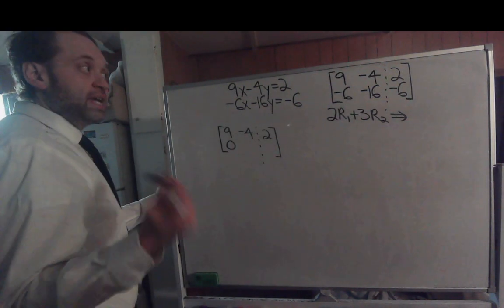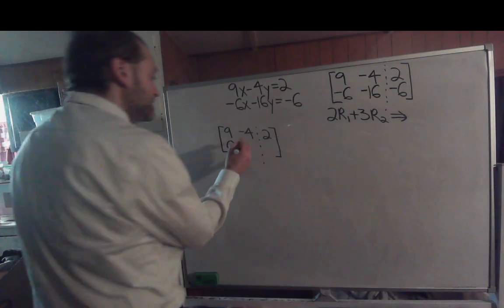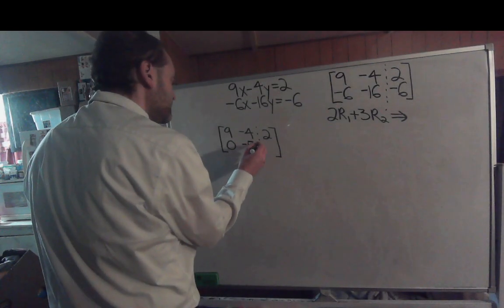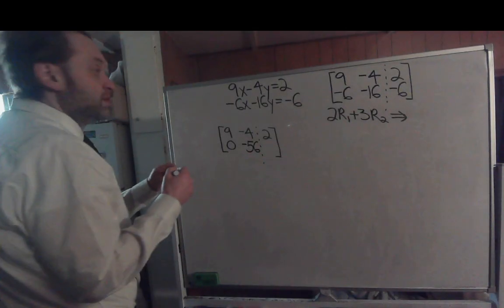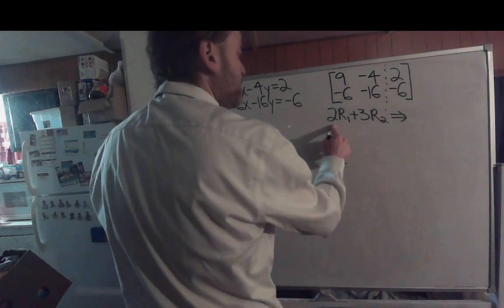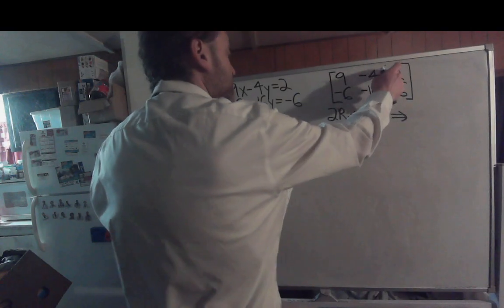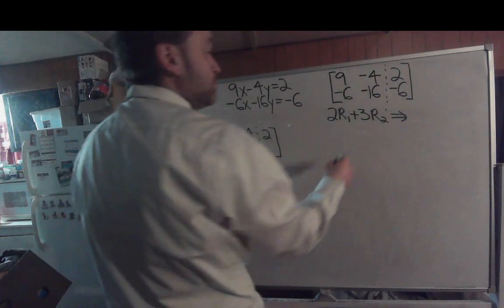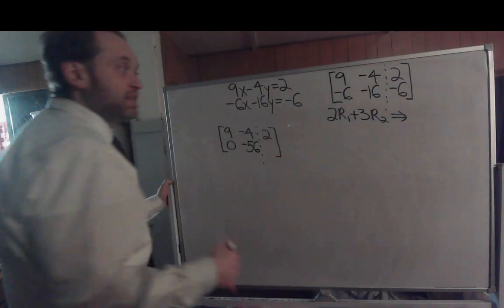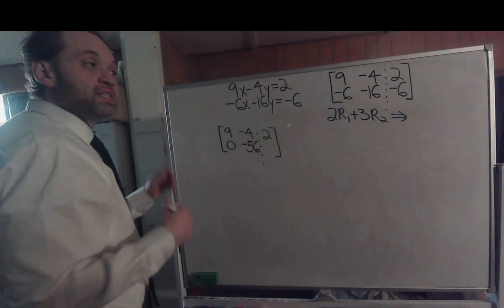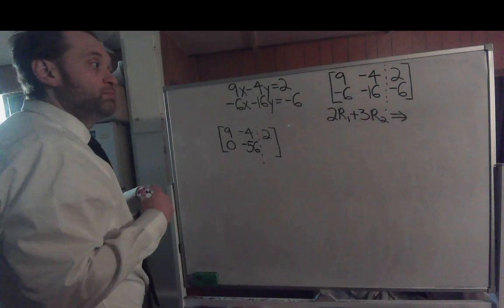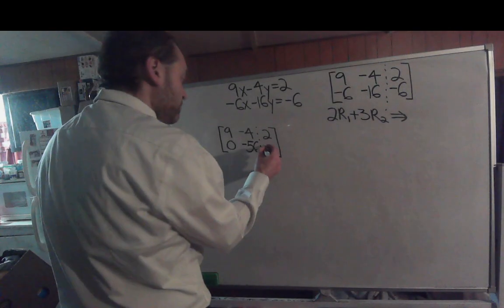So negative 8 plus negative 48 is negative 56. Then take 2 times 2, which is 4, plus 3 times negative 6, which is negative 18. 4 plus negative 18 is going to be negative 14.